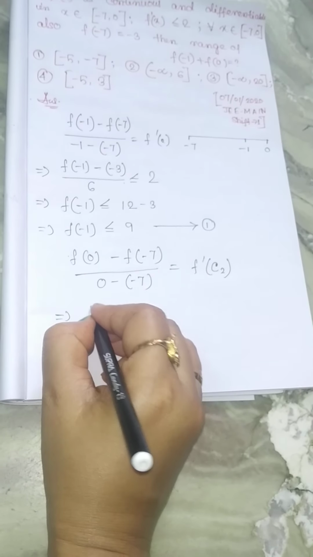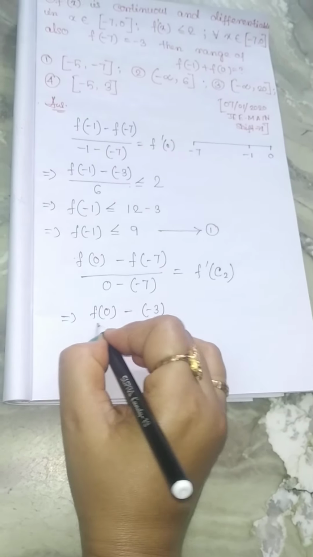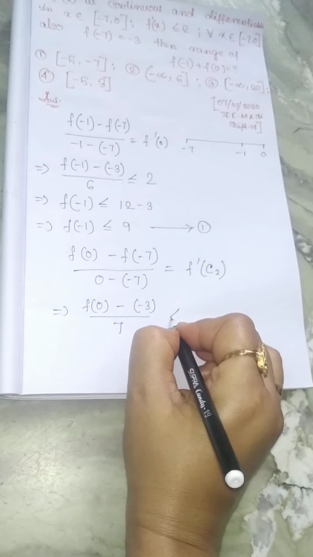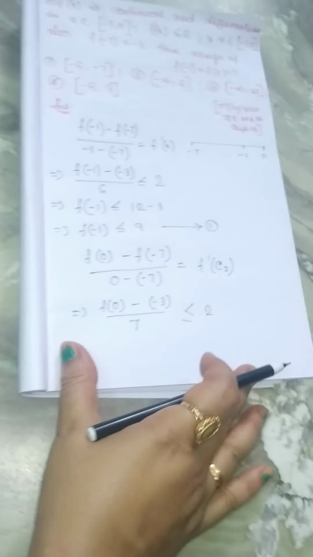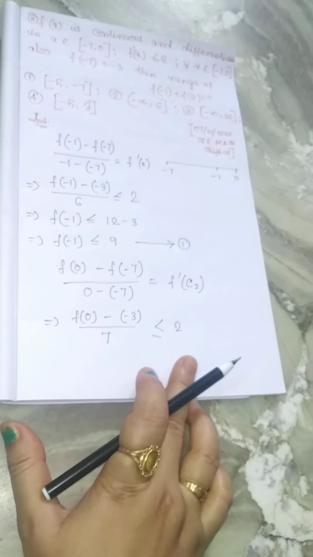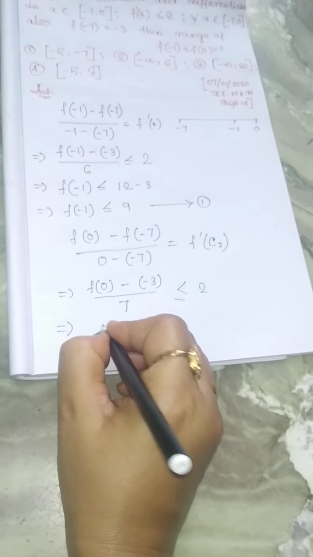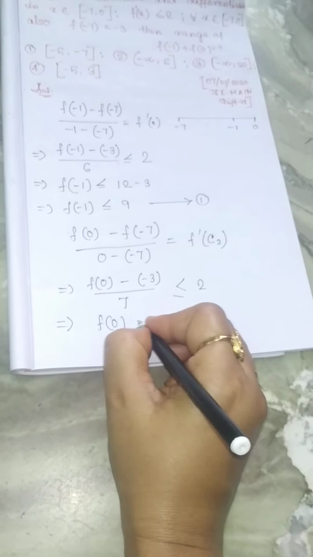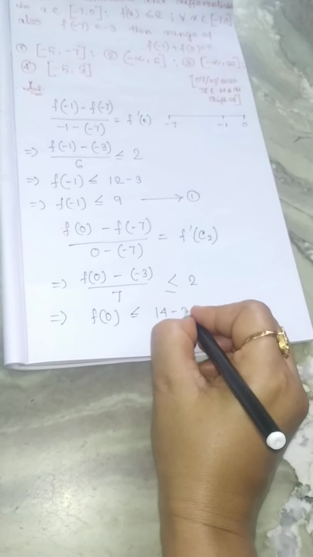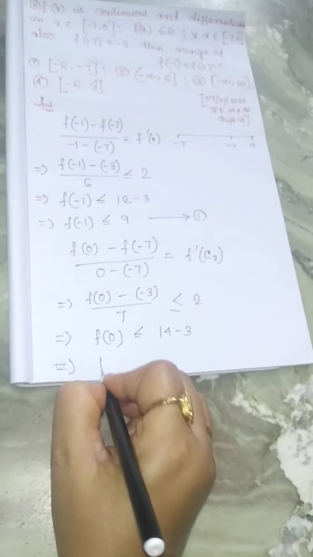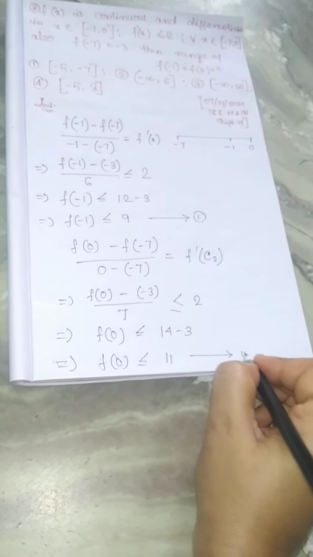That implies (f(0) minus (-3)) divided by 7 is less than or equal to 2, as f'(x) is less than or equal to 2. So f(0) is less than or equal to 14 minus 3. That implies f(0) is less than or equal to 11. This is our equation number 2.